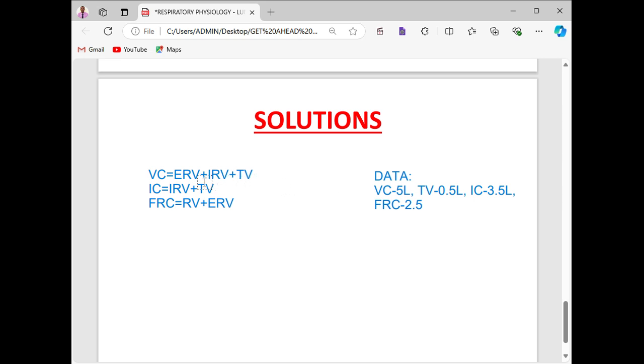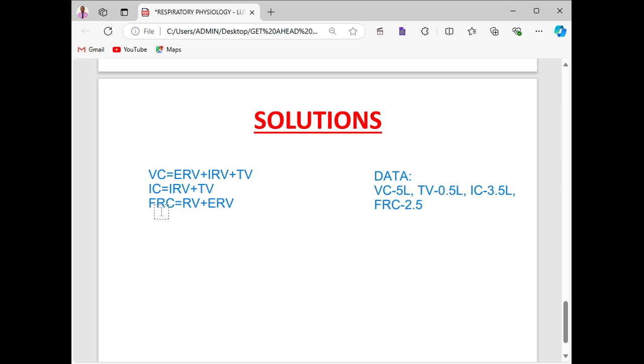When we check the formulas for finding ERV, we need a formula which has ERV in it. The first formula has ERV, but it also requires IRV, and IRV is not among the values given. We only have VC and TV.